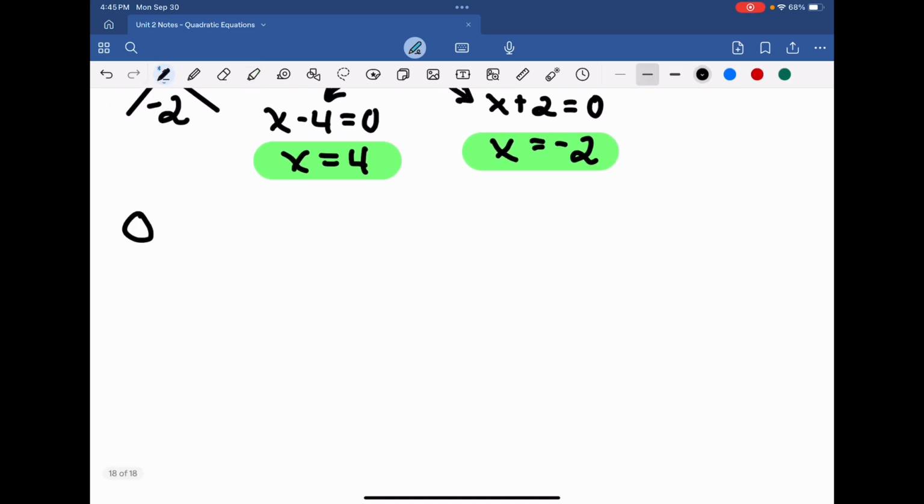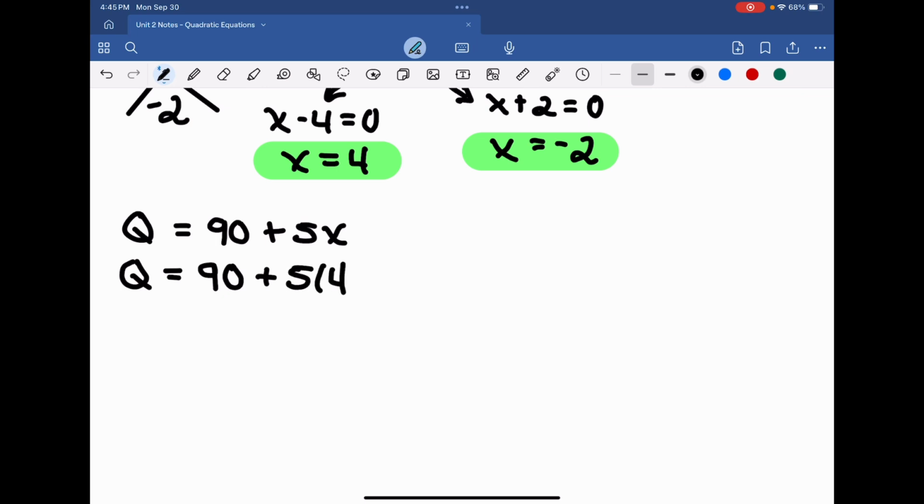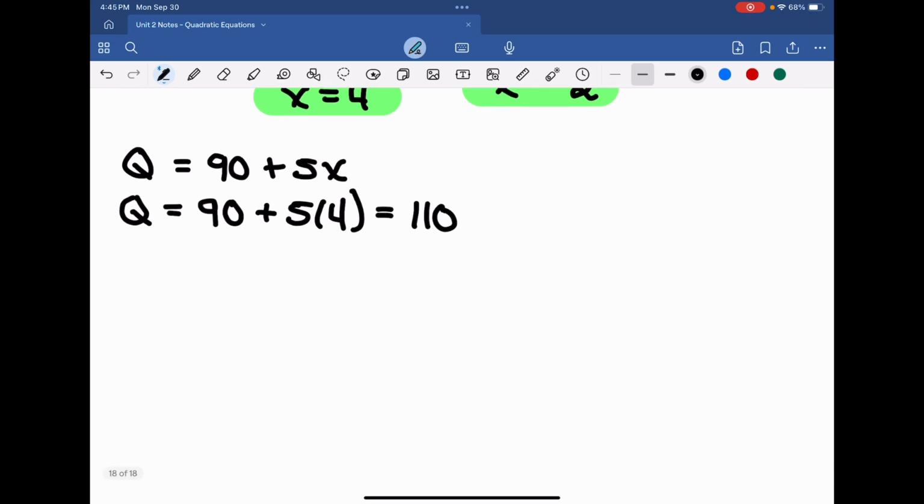And so from here, if these are my solutions, then the quantities that we're going to get are the following. From the above, quantity is equal to the 90 ski jackets that we sell plus 5 times the x value. Well, for this one, we have two different situations. We have 90 plus 5 times 4, which is going to be equal to 90 plus 20, which is 110 jackets. Or we're going to get quantity is equal to 90 plus 5 times negative 2, or 90 minus 10, gives us 80.